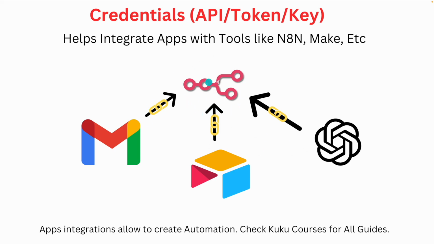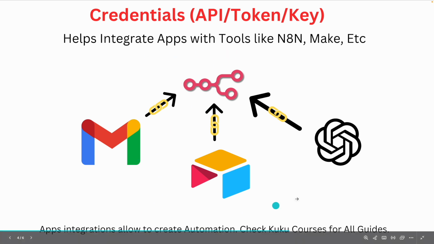In simple terms, credentials help to integrate apps with tools like N8N and Make. N8N is an application or tool that allows us to build AI agents and automation, right? If you want to integrate apps like Gmail, OpenAI and others, you need to connect them. That is what I have said.